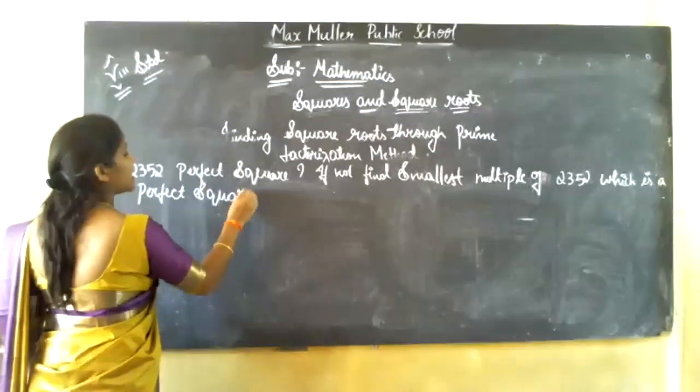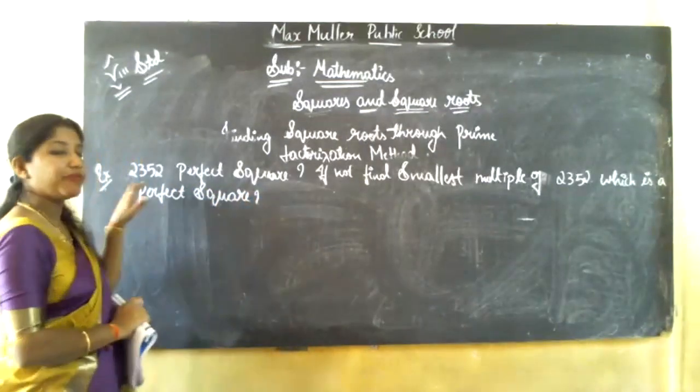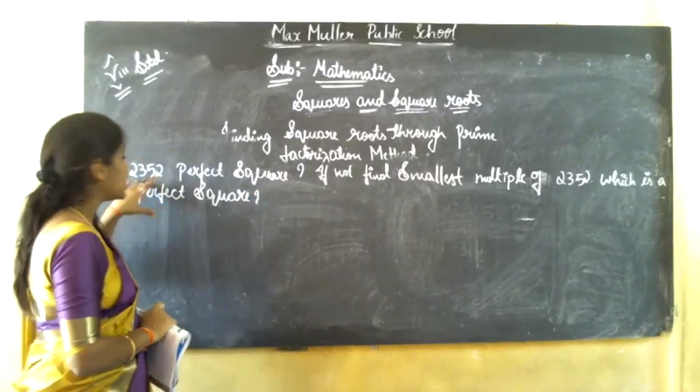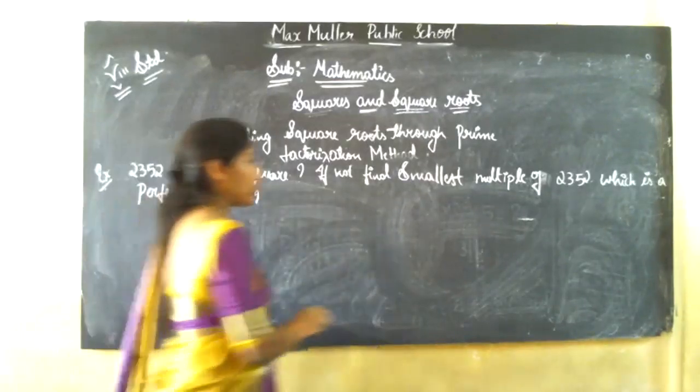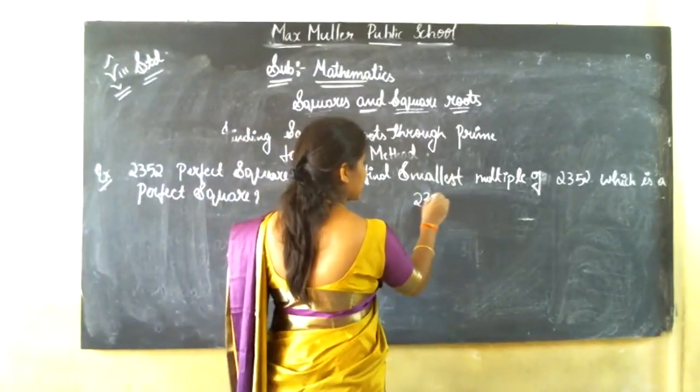What do you mean by this sentence? First, you have to find out whether this number is a perfect square or not by the prime factorization method.